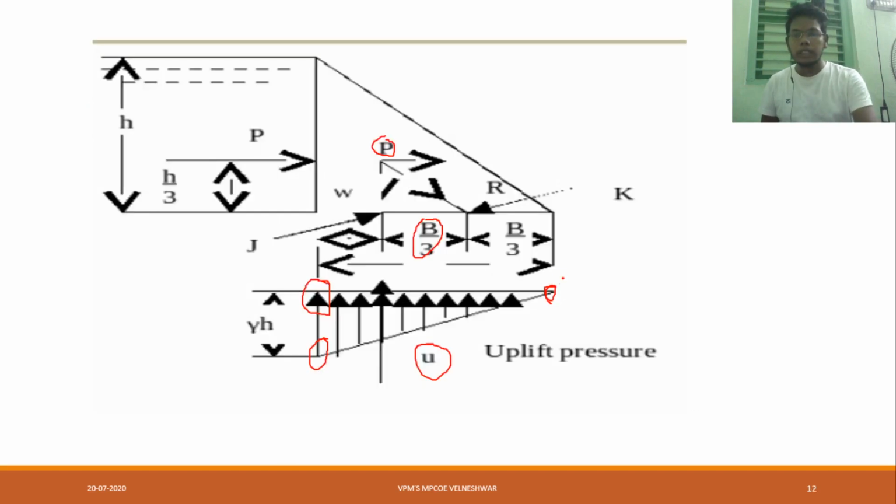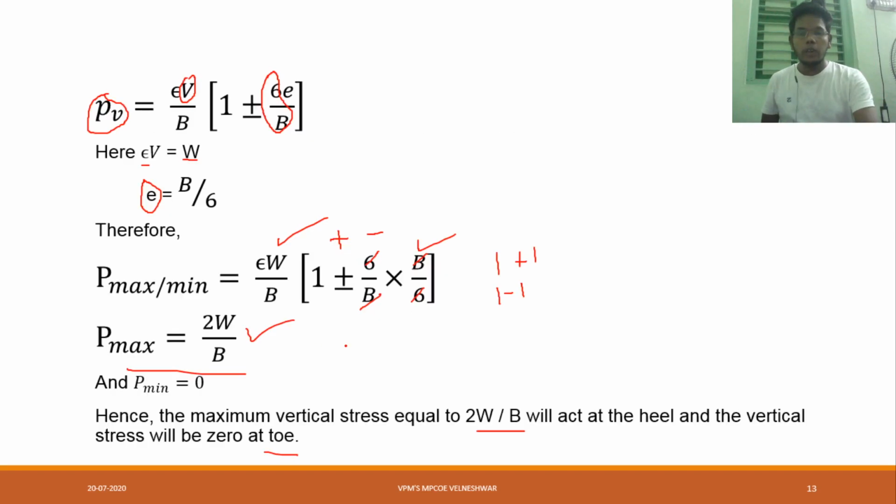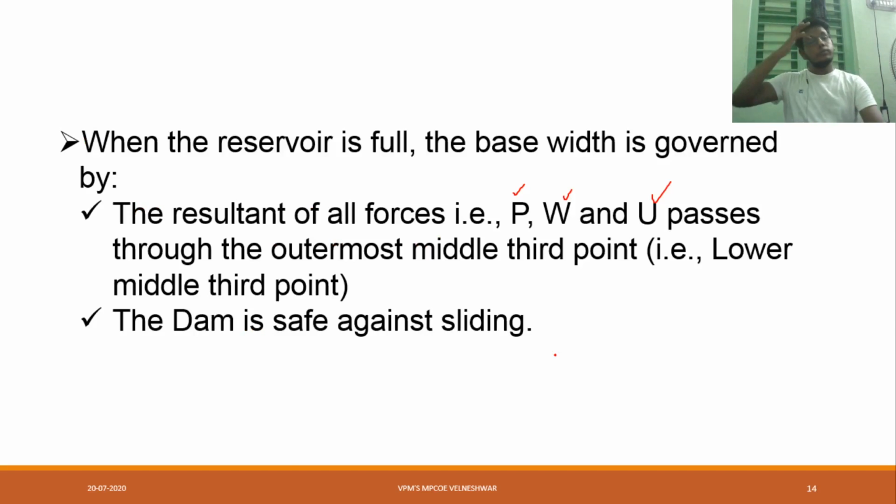Middle third point means this area. That is the lower middle third point, whether upper or lower, exactly we have to prefer the lower location, that is in this location we can say. Now the dam is safe against sliding.